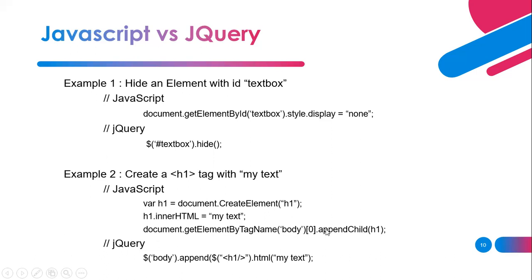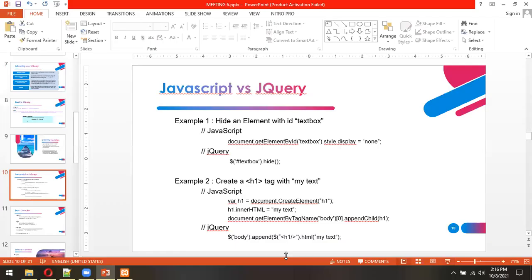And to add, we are not using appendChild but just append, then the tag, and .html to give the text for the tag h1. Okay, so this is the example.